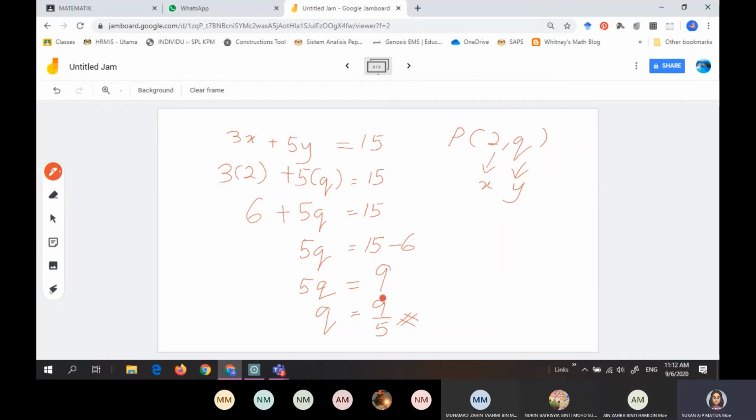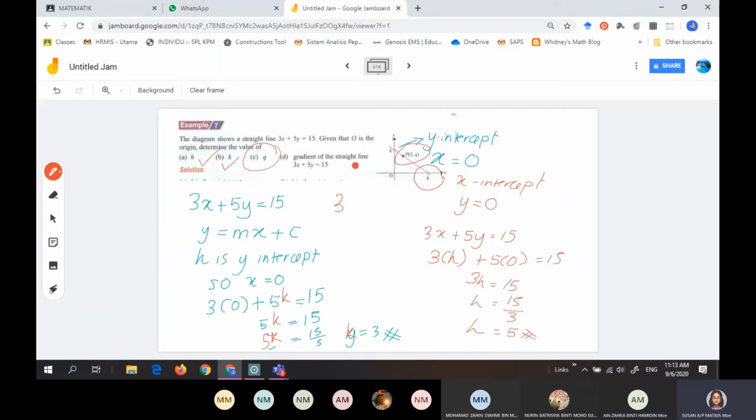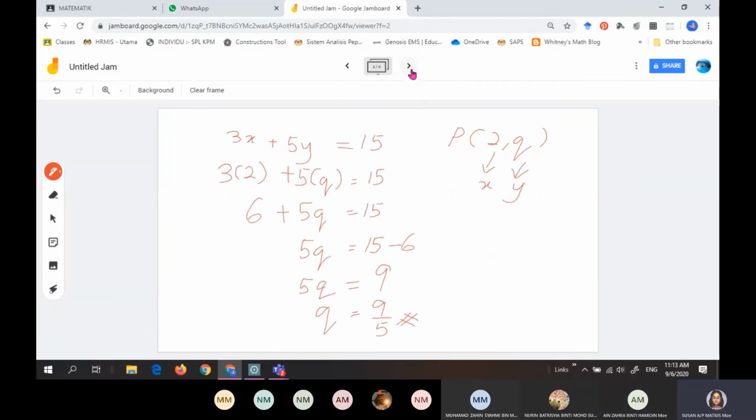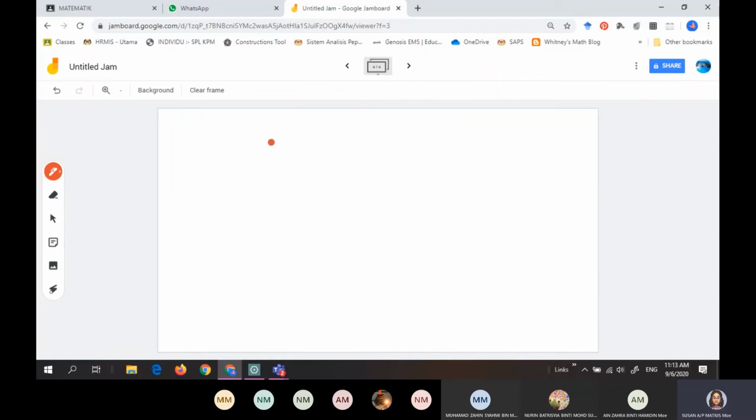And the last thing is to find the gradient. It asks us to find the gradient of the straight line 3x plus 5y equal to 15. To find the gradient, you should remember that teacher has taught you y is equivalent to mx plus c, where m stands for gradient.